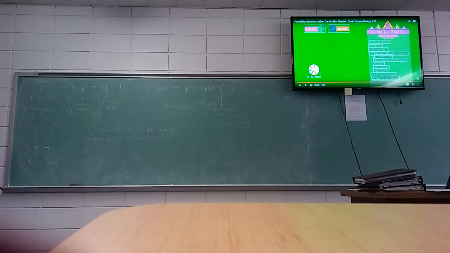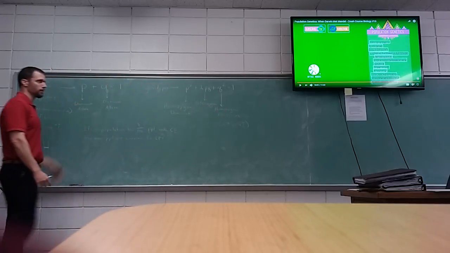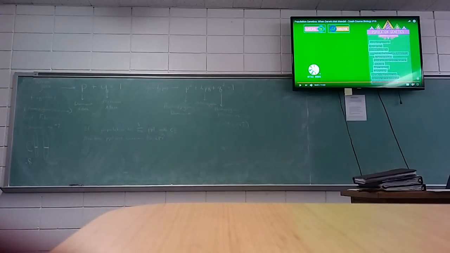So that's how they start a lot of times, and that's the key. If you can find out homozygous recessive, you can find out anything else. So if you can go that route to start, that's a good start.